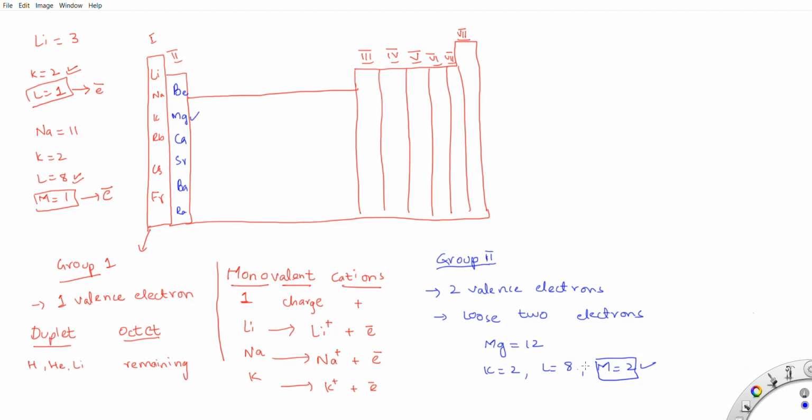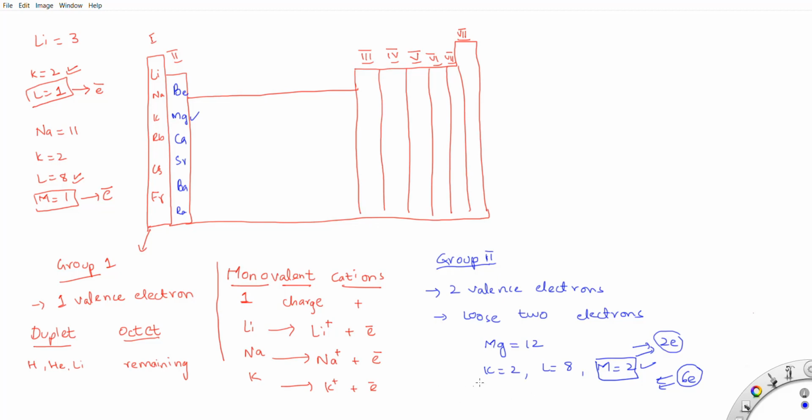Then if magnesium wants to become stable, it can either lose these 2 electrons, or it can gain 6 more electrons. I leave it to you to decide what's easier, losing 2 electrons or gaining 6 electrons. Obviously, losing 2 electrons is very easy.